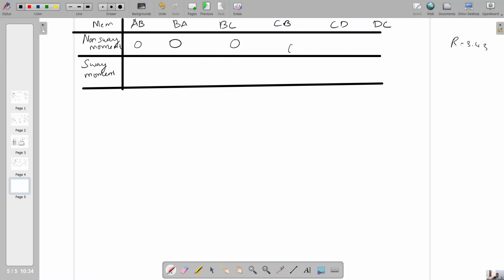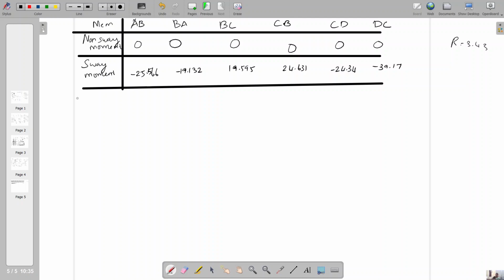There is no load on this span, so we didn't analyze the non-sway moment. We only have the sway moment. The sway moment is minus 25.566, minus 19.132, plus 19.595, 24.631, minus 24.34, minus 39.17.